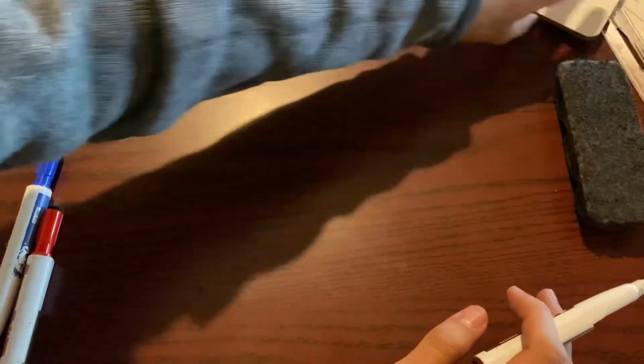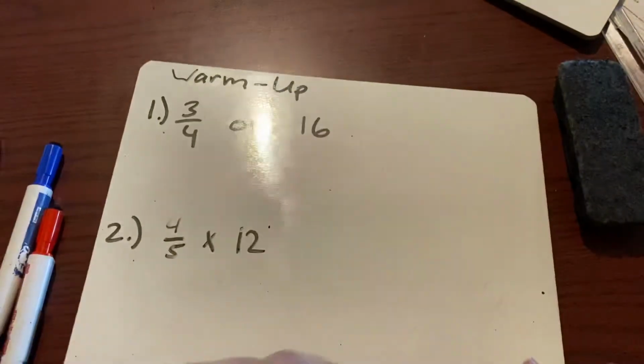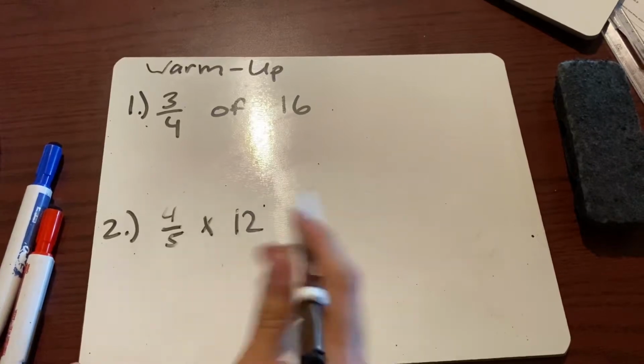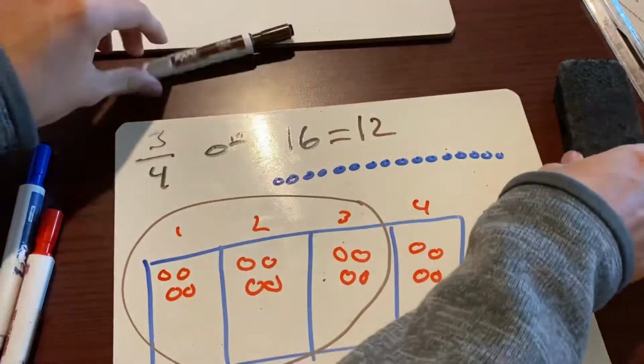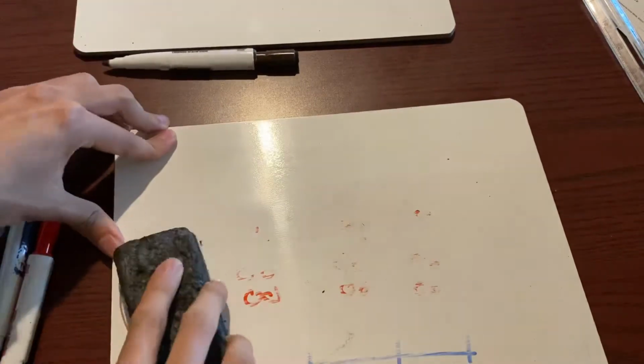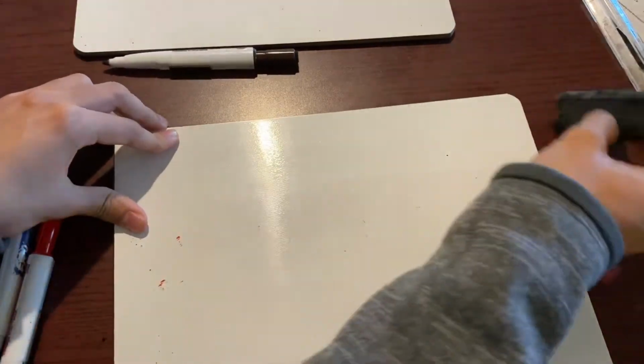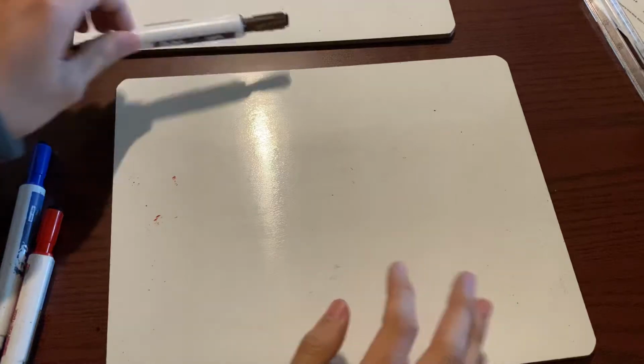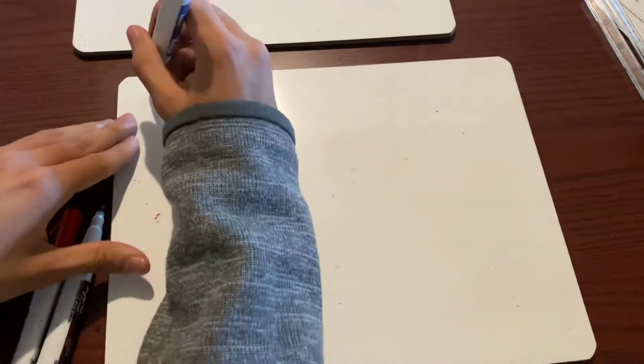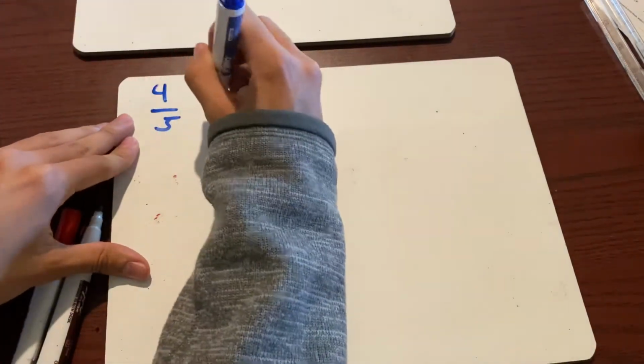All right, let's go ahead and do number 2. Actually, no, I will do it in a new board. I do not want to run out of space. Okay, I have 4/5 times 12.